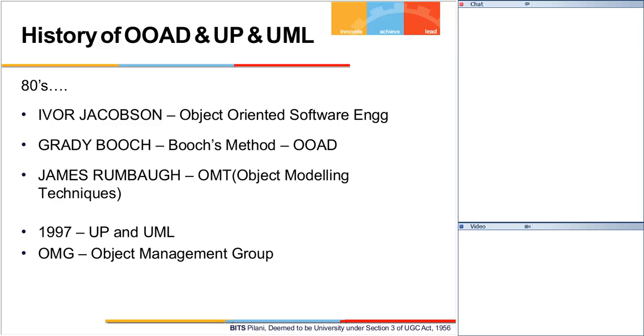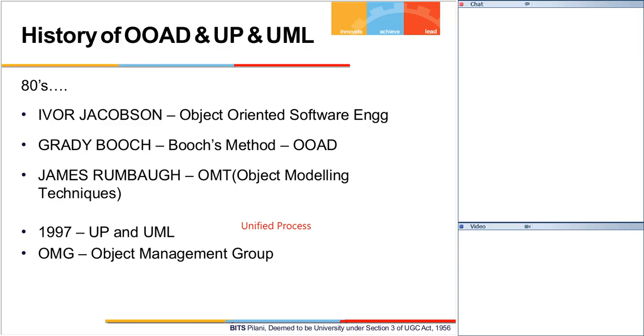Whenever you propose a new ideology, it is always recommended that you come up with an associated software development process as well. A new ideology demands a new software development process, and that is the reason they came up with the unified process, or UP.